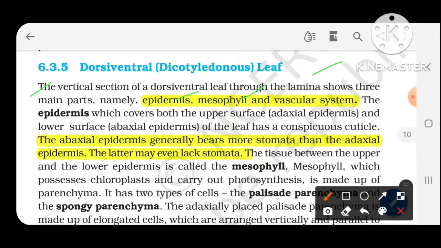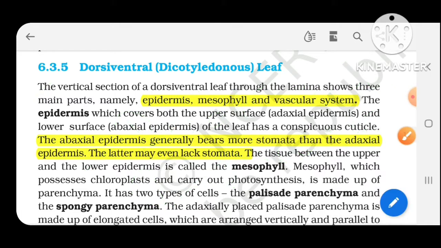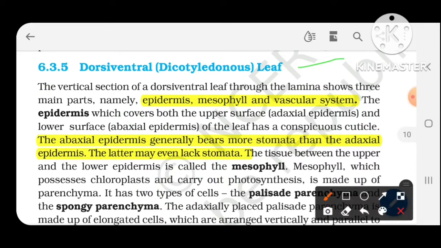In the previous video we studied the transverse section of dicot and monocot stem, but when we study the tissue system of leaf, we will cut the section vertically.